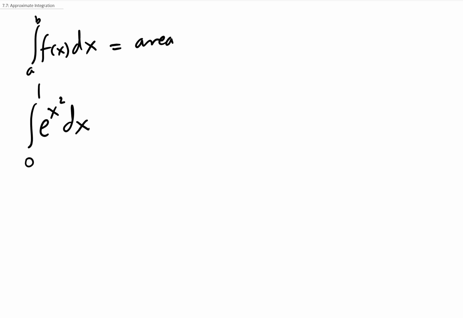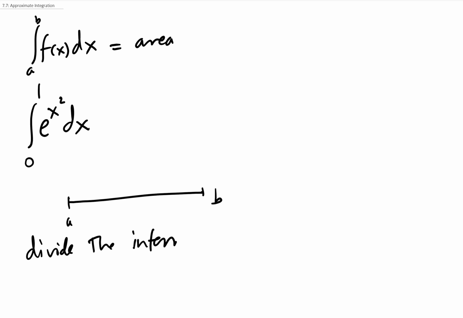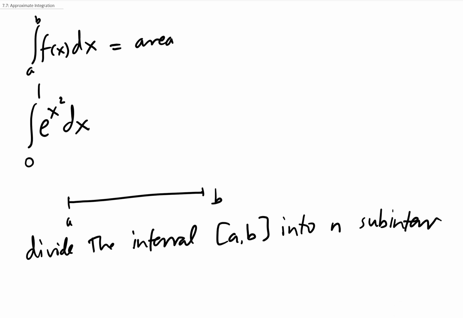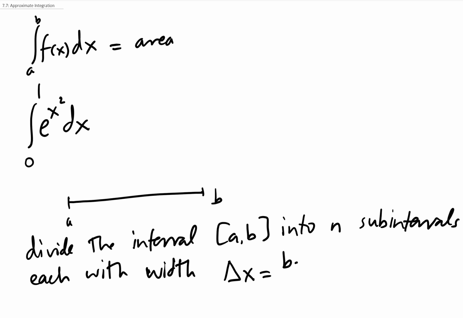Now, how did we work with Riemann sum? Say I'm working on the interval a to b. We divide the interval a to b into n sub-intervals, each with width, we call it delta x, which is b minus a over n.